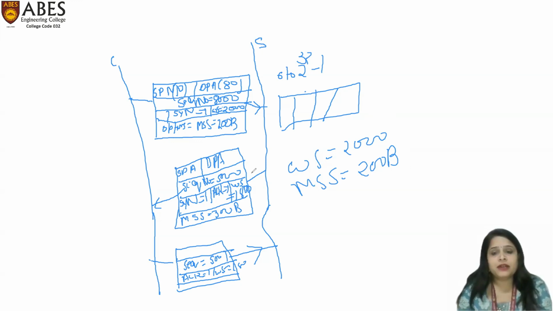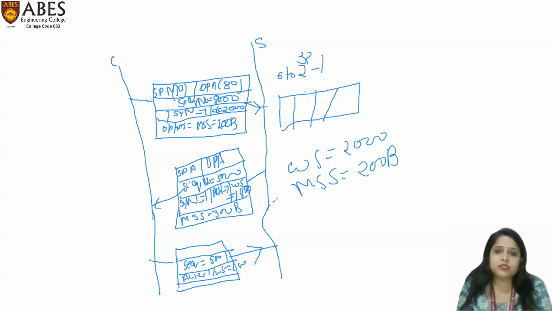So it means the client is saying to the server that I cannot handle the whole window in one segment. You can send me a small segment of 200 bytes, and the total capacity of my window is 2000 bytes. So in that case, the client informs the server that it can send 10 segments of 200 bytes, right?